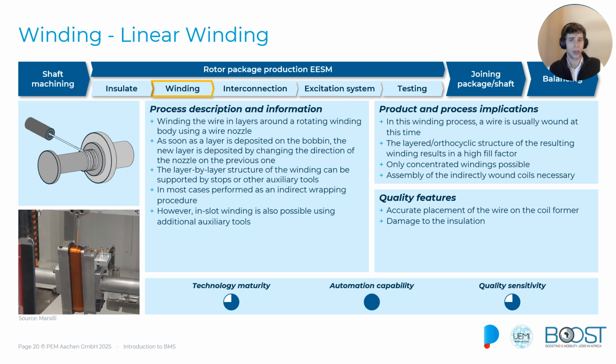This method ensures uniform distribution of wire across the rotor surface, maintaining consistent coil tension and alignment. Linear winding is often used for precise applications where neat and orderly coil arrangement is essential for optimal electromagnetic performance.